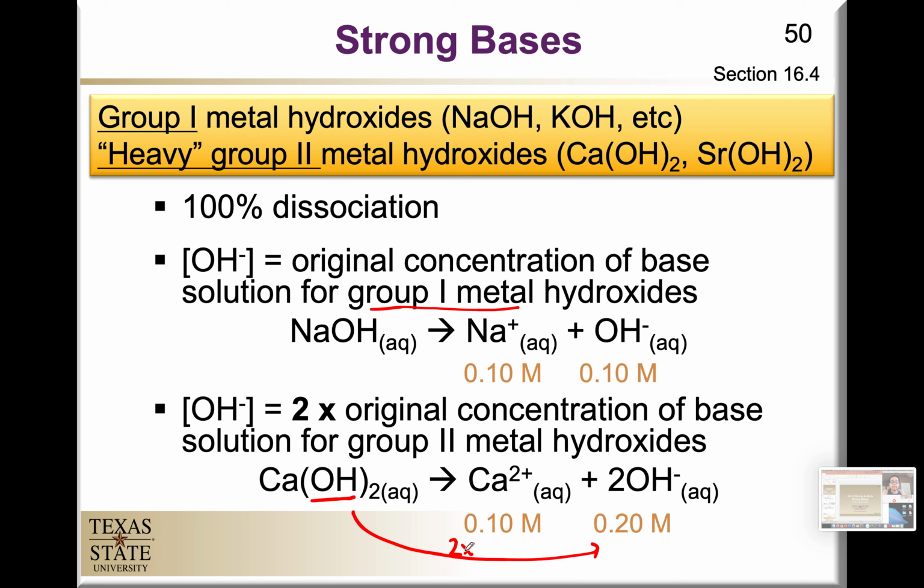That's going to get multiplied by 2 to give you 0.2 molar. Again, because every one of these molecules of the base is going to have 2 hydroxide ions, right? So this is going to be important. Once you have the hydroxide ion concentration, then you can go ahead and calculate the pOH by taking the negative log of the hydroxide concentration for either case.